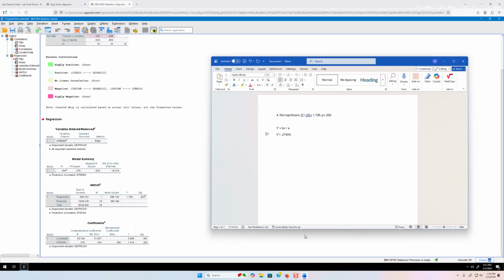And then the y-intercept is where you see constant under the unstandardized coefficient B, plus 43.196. That is our regression line, our prediction line based on stress predicting depression. It's not a good model, so there's going to be a lot of error using this line, but that's the line you would use if you're using the model.